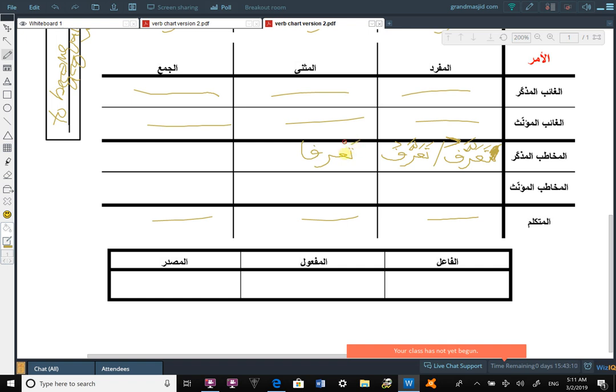Now many of these commands, you might only find them in singular most of the time. Sometimes in the plural, but most of the time in the singular. But we need to know how to do them because they do occur. Tata'arrafu or ta'arrafu. It became ta'arrafu.